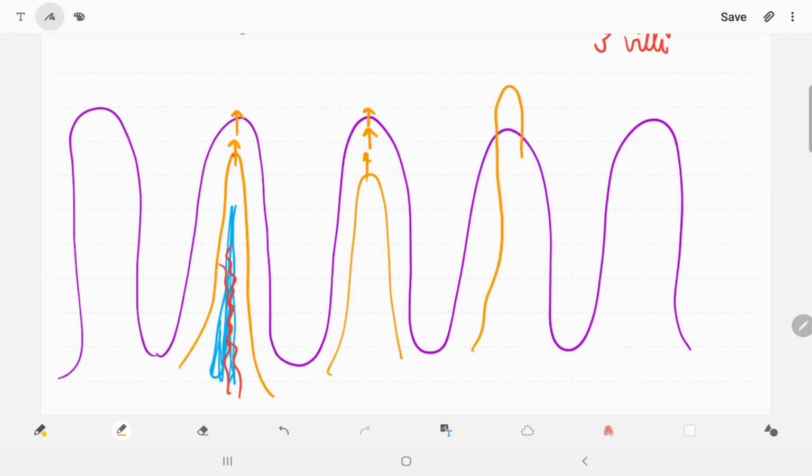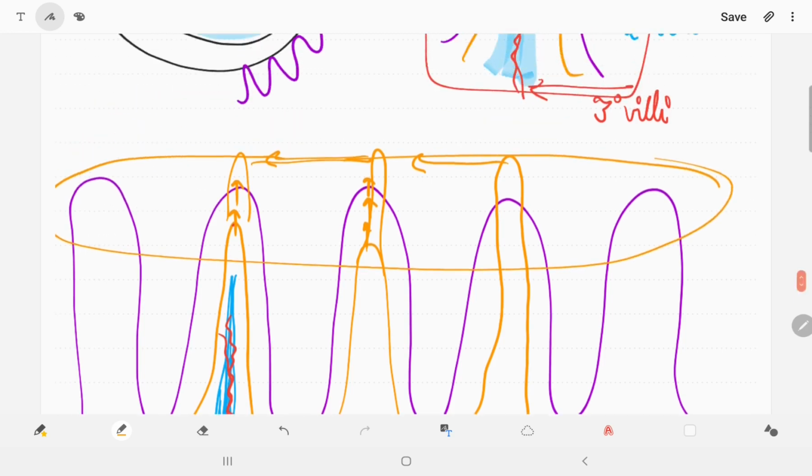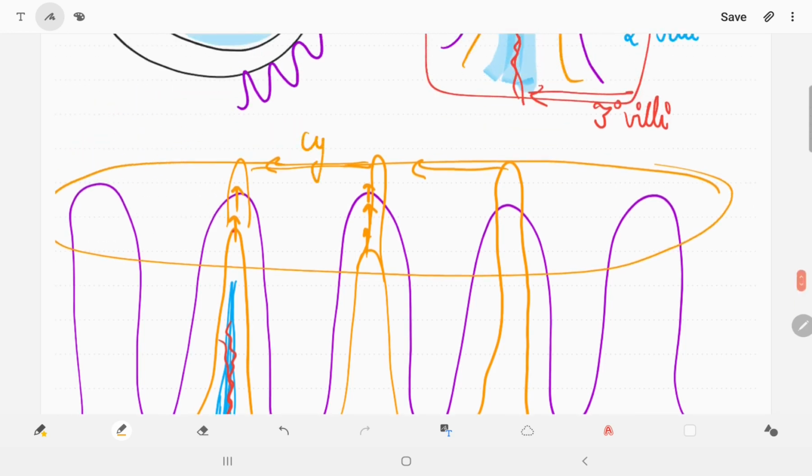This cytotrophoblast goes above the level of the syncytiotrophoblast, it perforates and it connects all around. This one will connect with this, right? And this will form a shell all around. What will I call this shell? I will call it a cytotrophoblastic shell. Okay, this is a cytotrophoblastic shell.